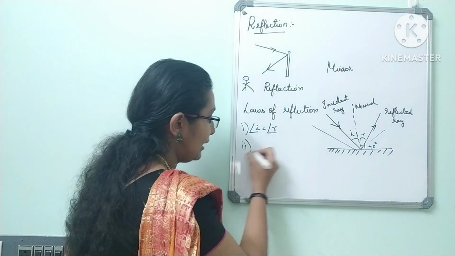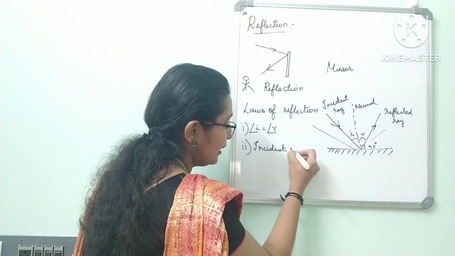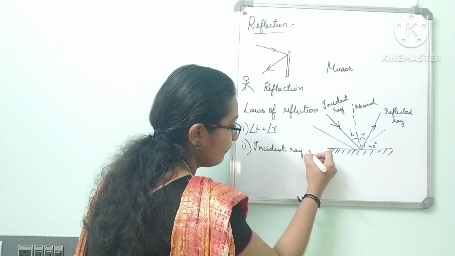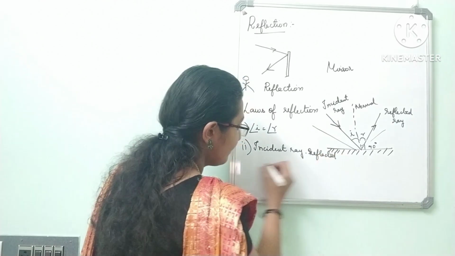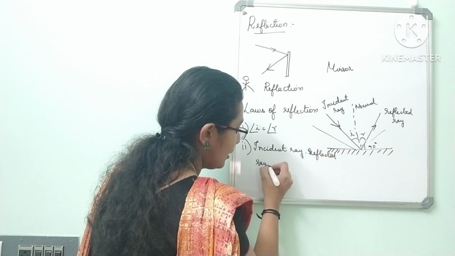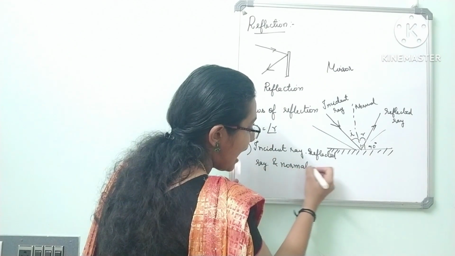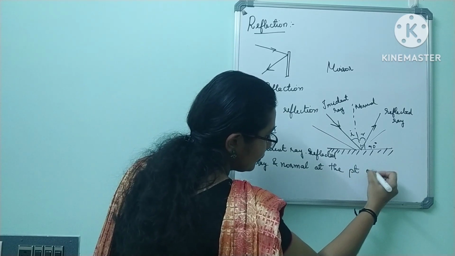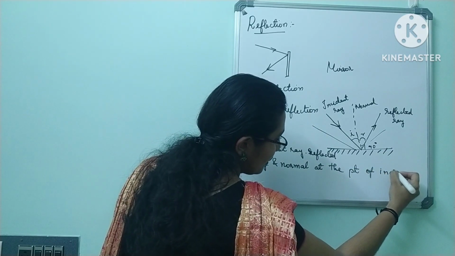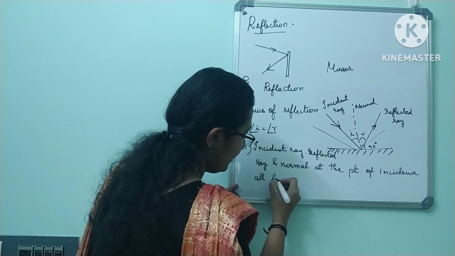The second law states that the incident ray, reflected ray, and normal at the point of incidence all lie in the same plane.